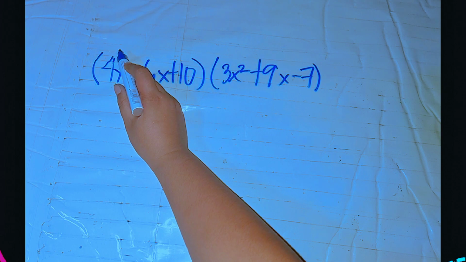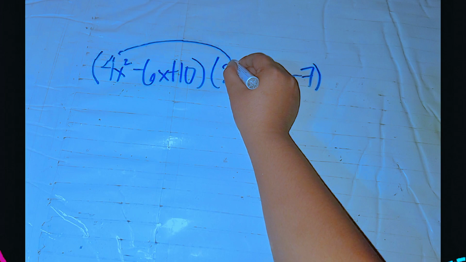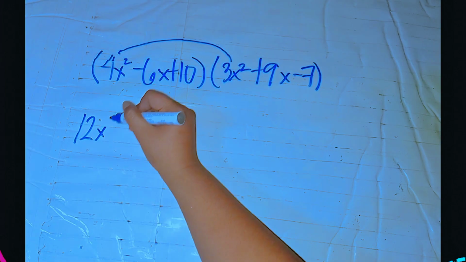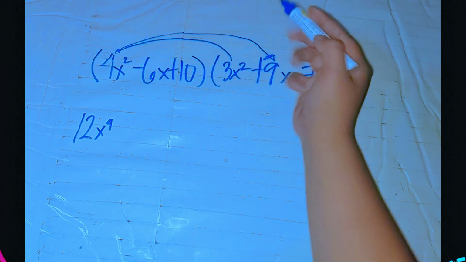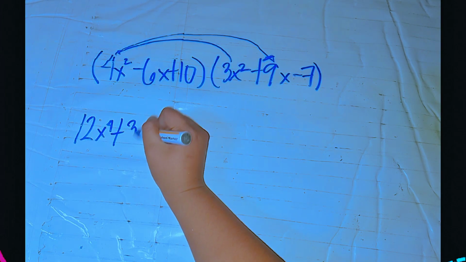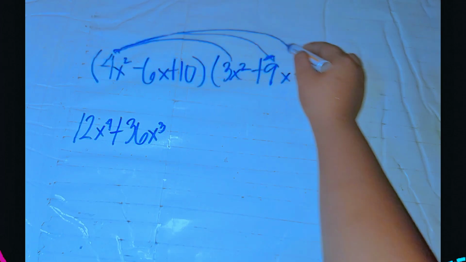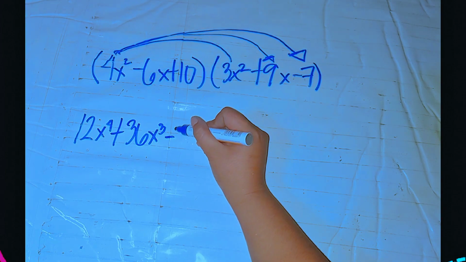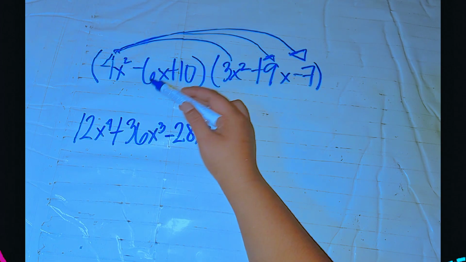We'll multiply the first term into each term of this second expression. 4x squared times 3x squared is equal to 12x to the power of 4. 4x squared times 9x is equal to positive 36x cubed. 4x squared multiplied to negative 7 is equal to negative 28x squared. Down to the second term.